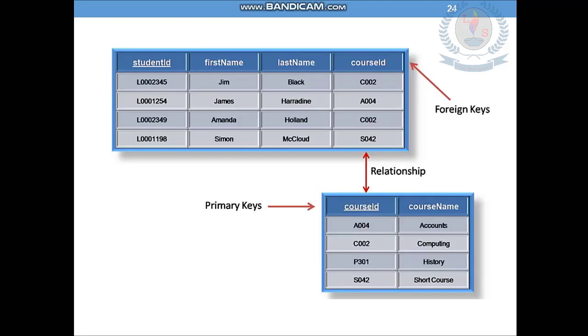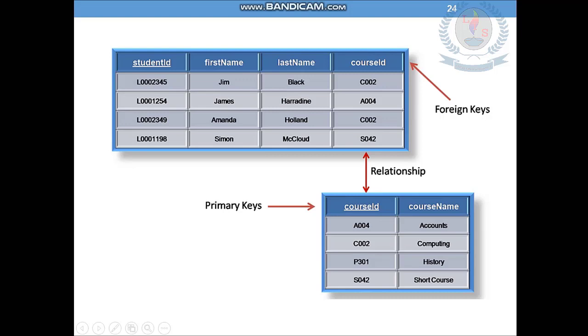Now let's see what examples we can use. I have given one example. I have added two tables, student table and course table. In the student table, I have mentioned the student ID as the primary key. The next one, you can see in the course table, course ID is the primary key. But when I am passing this course ID to the student table, it comes under foreign key.